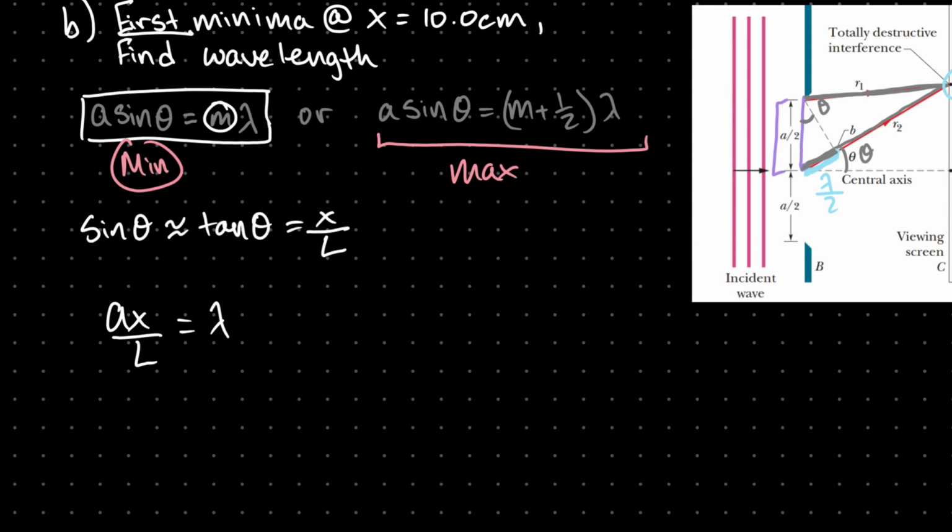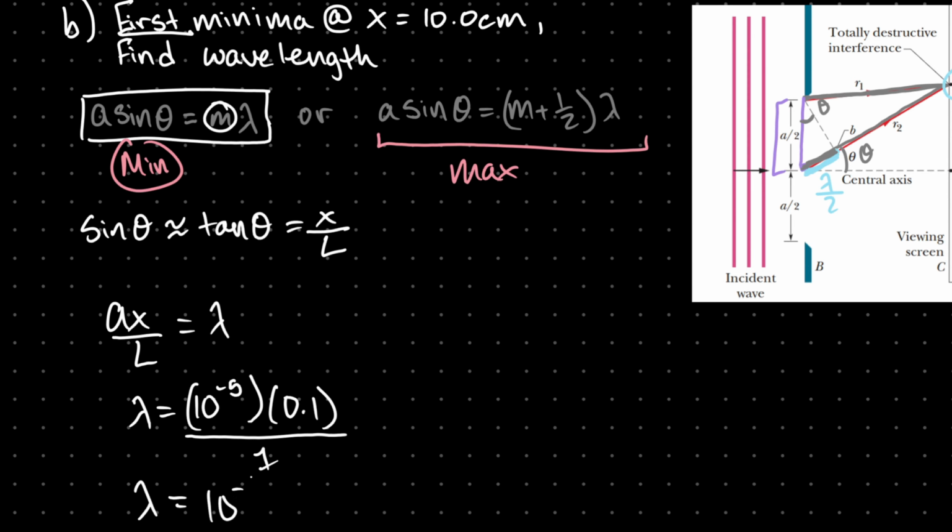So we have our formula for lambda right here. We know that a is equal to 10 to the minus 5. x is equal to 10 centimeters, which is equal to 0.1, all over 1 meter. So the wavelength of the laser that is being shown is 10 to the negative 6 meters.